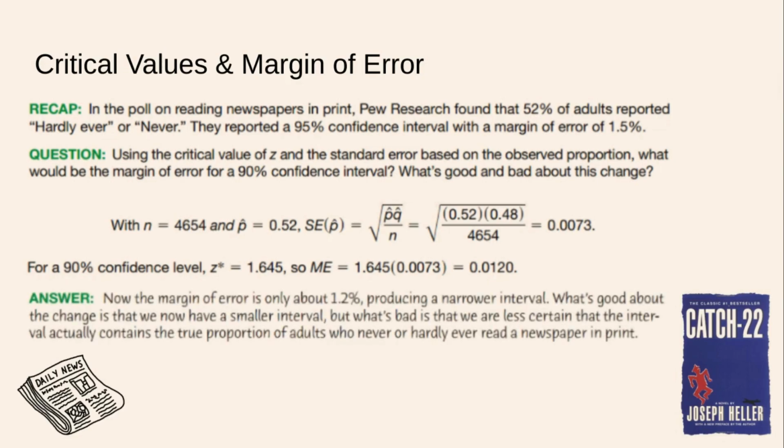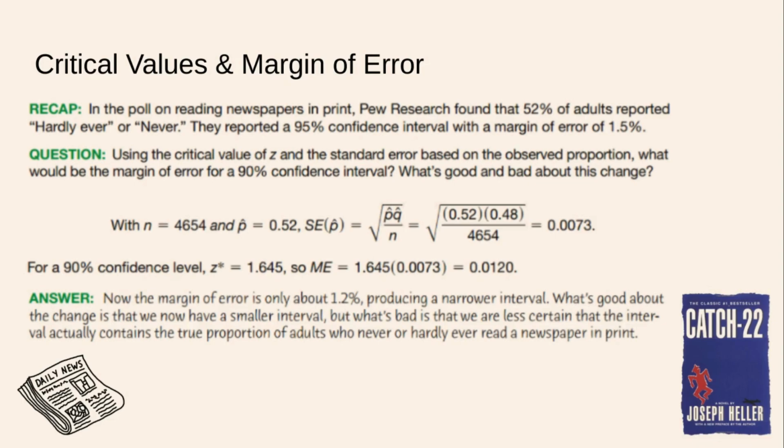Now the margin of error is only about 1.2%, and that produces a narrower interval, our textbook says. What's good about the change is that we now have a smaller interval, okay? Smaller interval, more precise estimate. However, what's bad is that we are less certain that the interval actually contains the true proportion of adults who never or hardly ever read the newspaper.